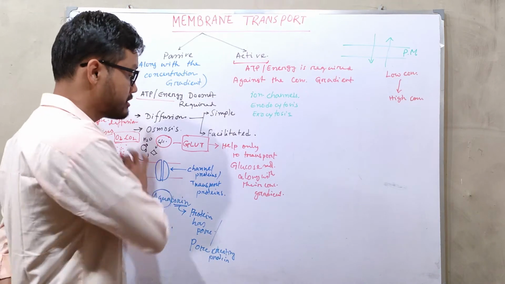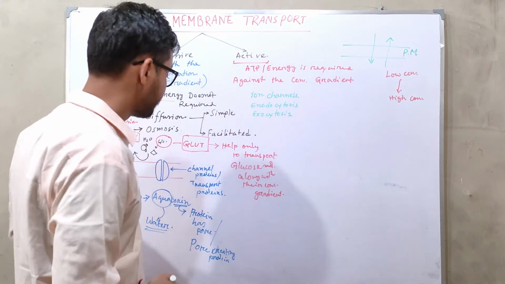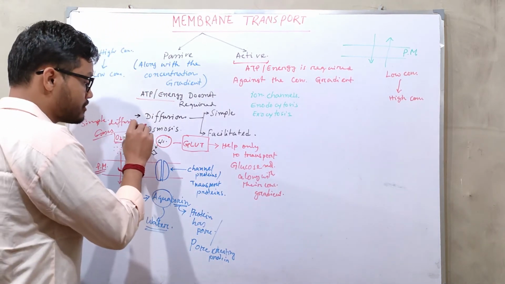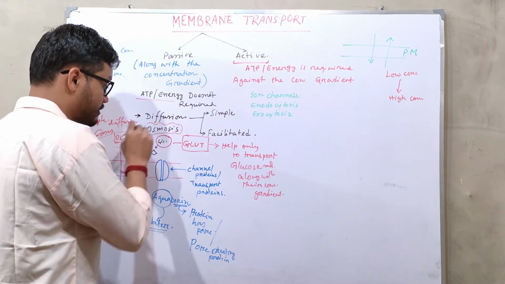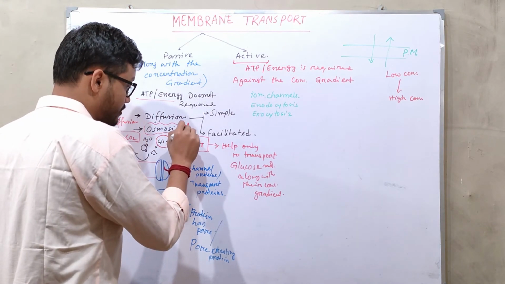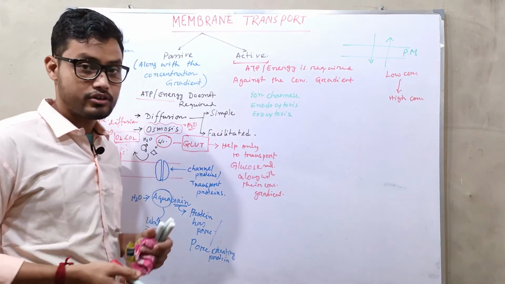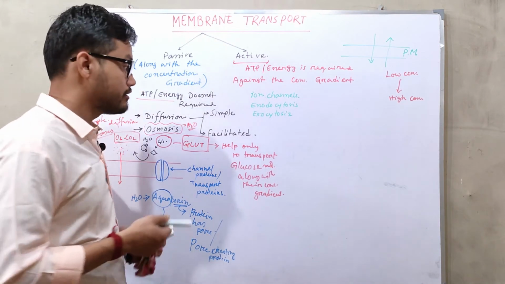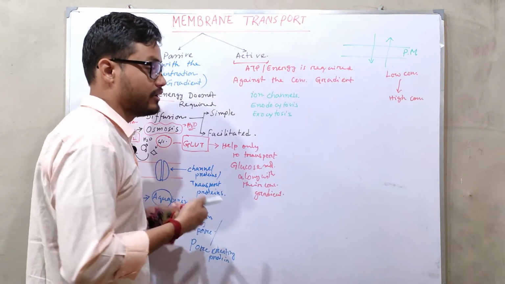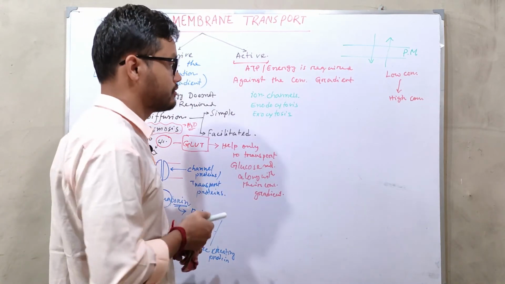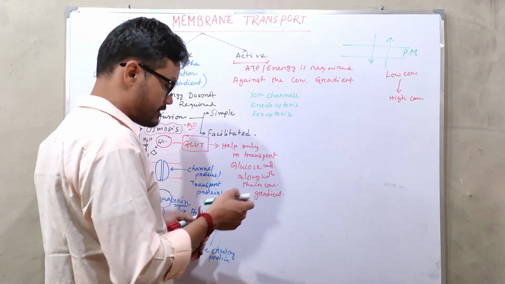So this is facilitated diffusion. Osmosis is observed in water, where water moves from low concentration to high concentration and makes the concentration equivalent. Next is active transport.